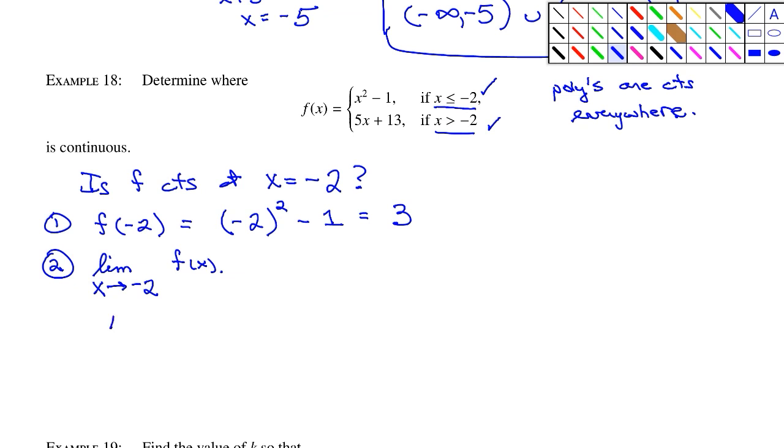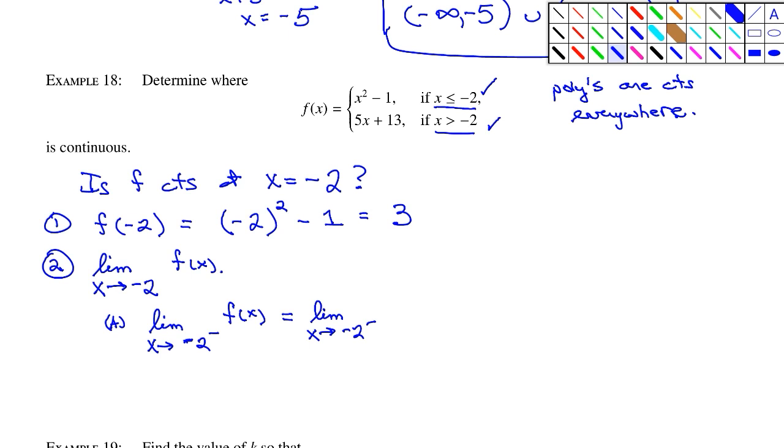So part A is going to be the limit as x approaches -2 from the left of f of x. Now, which of these pieces is on the left side of -2?